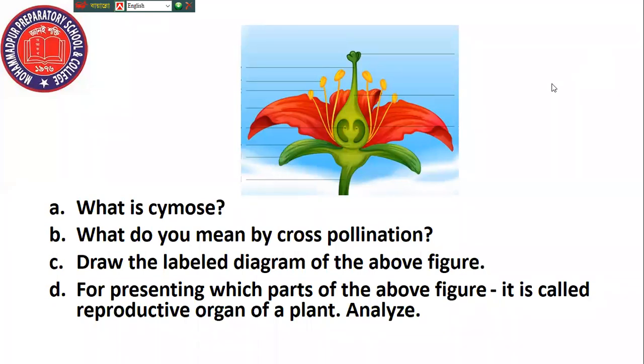Sir, if I draw it again for answering D? Yes, you must draw it again for D, because you are going to identify and mark the part that is present. It is called the reproductive organ of a plant.